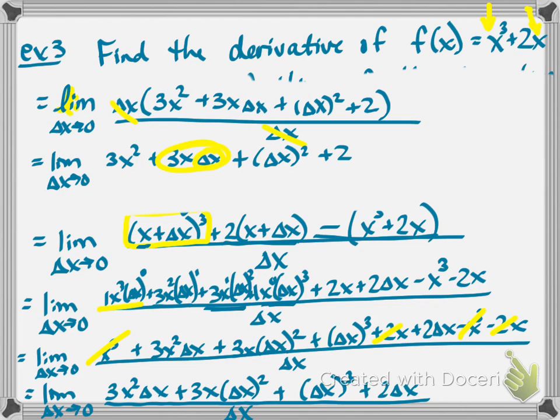So this whole term goes to 0, and this term goes to 0. And I'm left with 3x squared plus 2. That's our derivative. It seems like a long process, but as you get more comfortable doing f of x plus delta x minus f of x over delta x, the steps become more automatic.